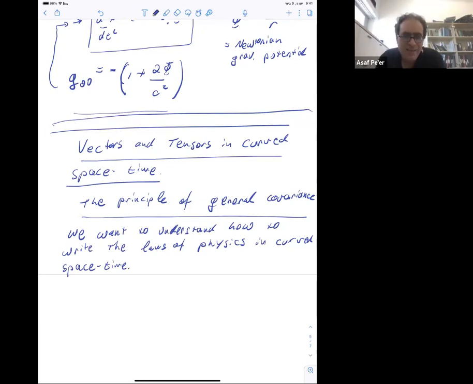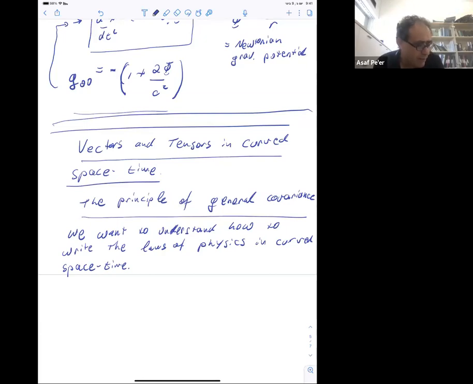Now, essentially, or philosophically, the strategy that we're going to follow is the same strategy that we followed when we derived the geodesic equation. Namely, we're going to first consider an equation which describes the laws of physics in flat spacetime, without gravity.